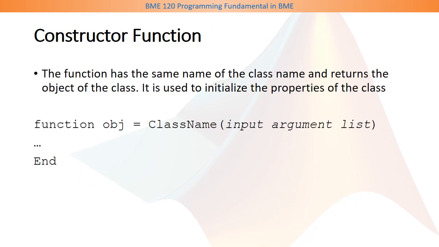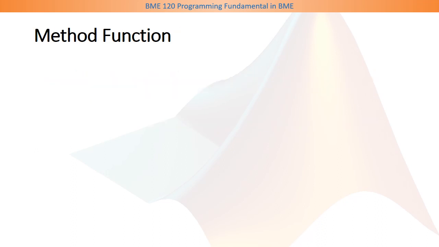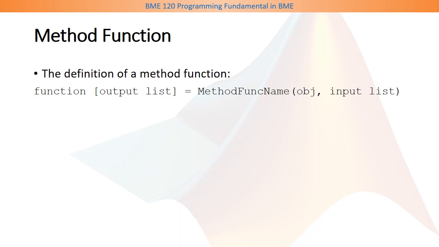This is a constructor function. It has the same name as the class name, and it has an input argument list, and it is used to initialize the properties of the class. The output of the constructor is the object of the class. The definition of a method function is very similar to a regular function.